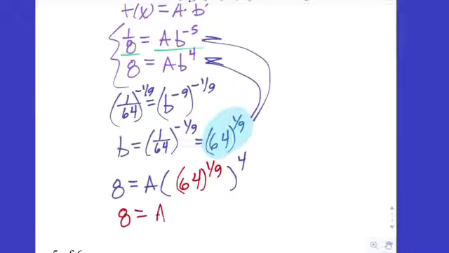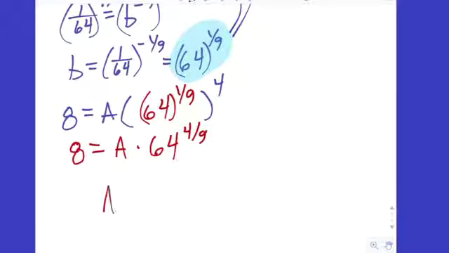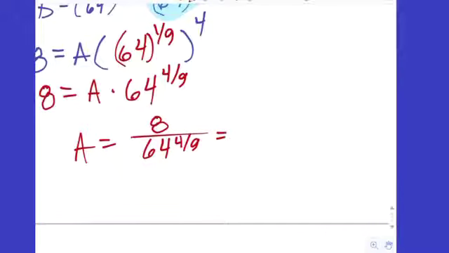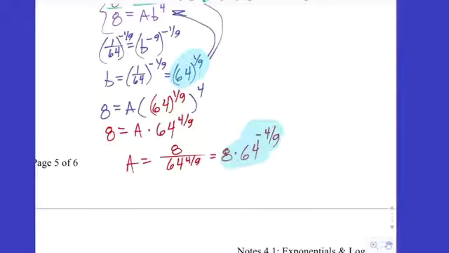So if you simplify that, you get 64 to the 4/9 power. And now you just have to solve for a. So you get a equals either 8 divided by 64 to the 4/9, or, if you bring the 64 to the top now, you get 64 to the negative 4/9. And there is the value of a that you're going to use.